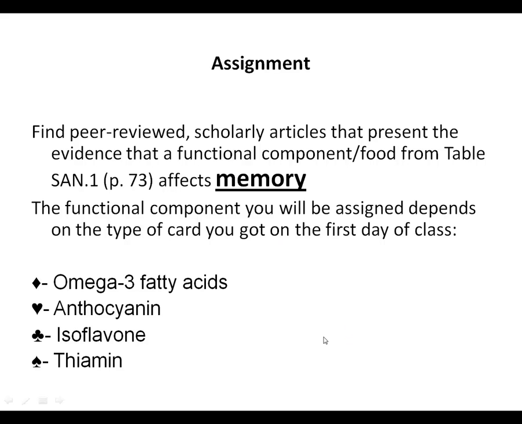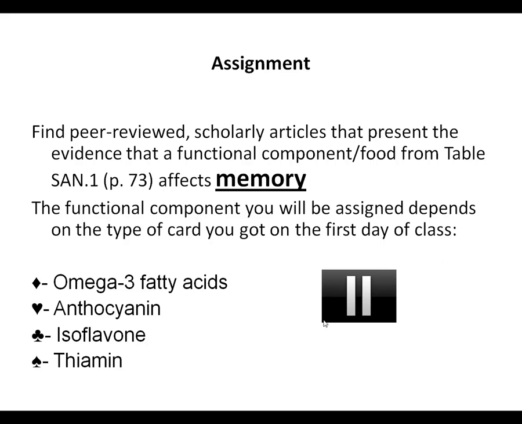Okay, so if you could just stop right now and write down what your assignment is. Make sure you get the spelling right, because I'm going to go on in a minute and we're actually going to ask you to use it.